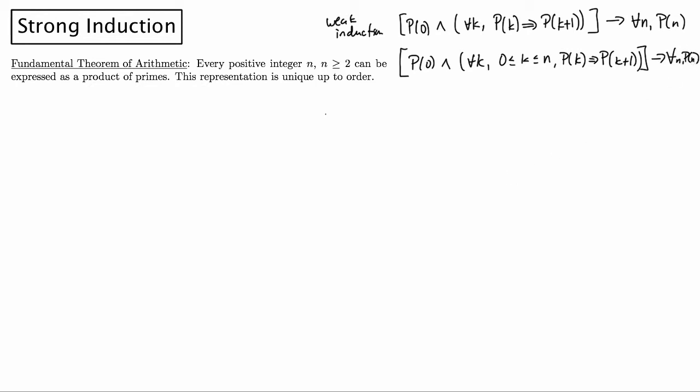Now I want you to notice the difference here, and it's this part here. Meaning that when we do strong induction, it uses every case for the value of k to help make the argument.